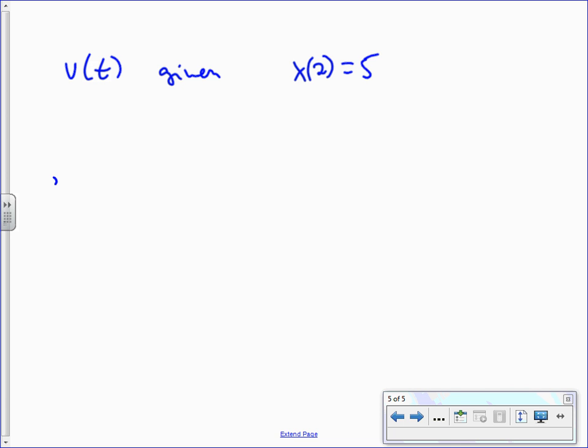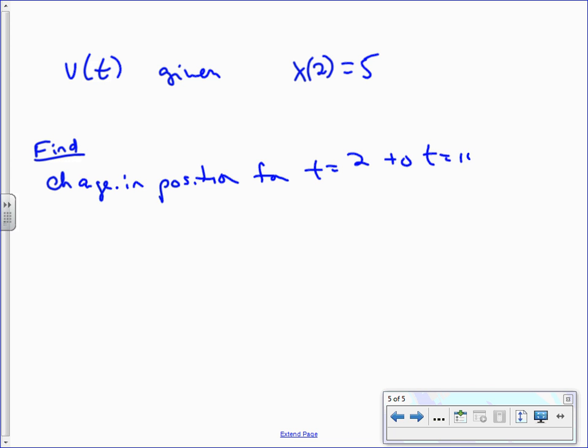And I ask you to find the change in position from t equals 2 to t equals 10, right? Change in position is the antiderivative of the derivative of position, okay? The derivative of position is velocity, okay?